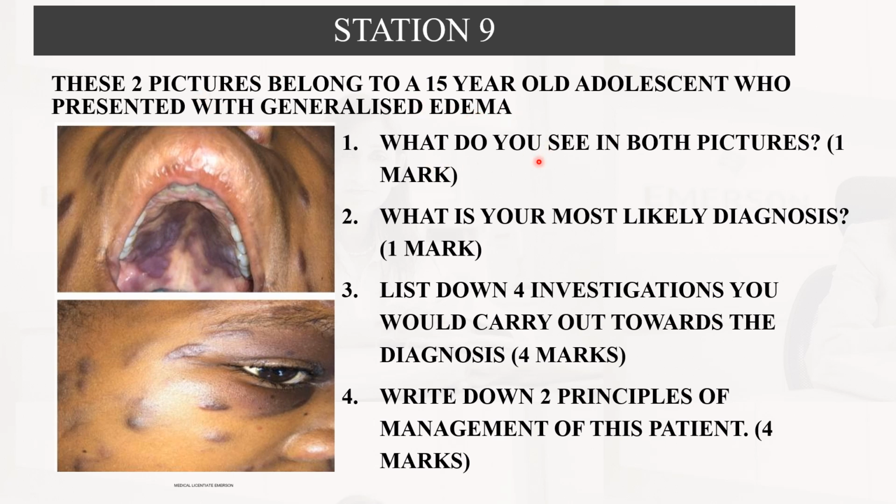Question 1, what do you see in both pictures? Question 2, what is your most likely diagnosis? Question 3, list down 4 investigations you would carry out towards the diagnosis. Question 4, write down 2 principles of management of this patient. Okay, those are the questions.